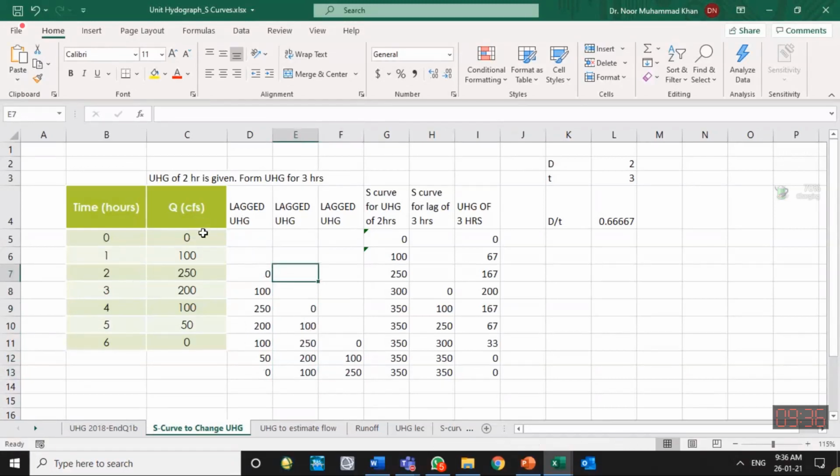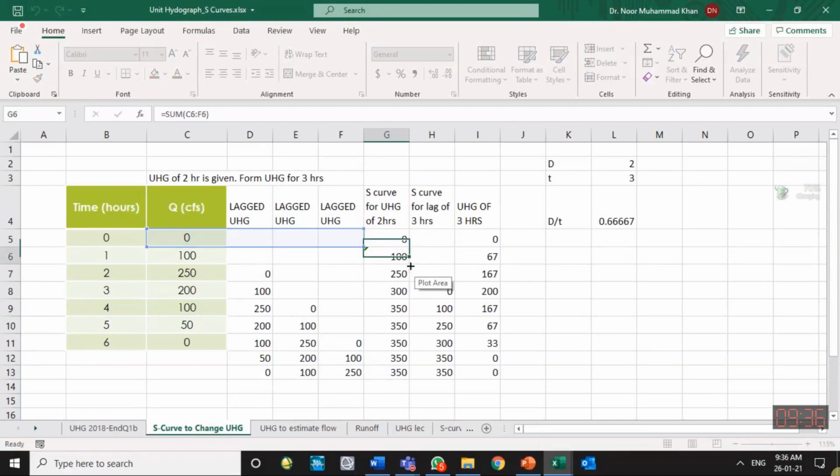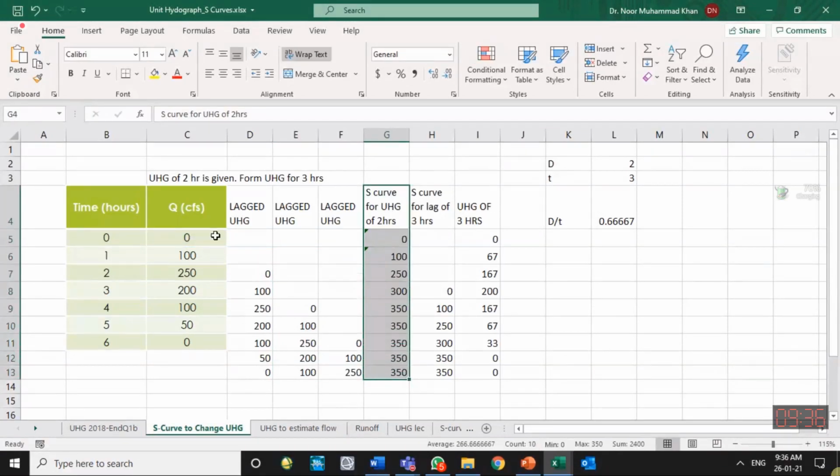You add them together, this is a cumulative, and you get the DRO of all these unit hydrographs, the cumulative effect of all these unit hydrographs, and we call this an S-curve. So this is the S-curve of the 2 hour unit hydrograph.